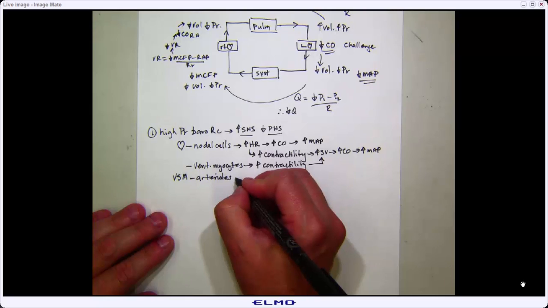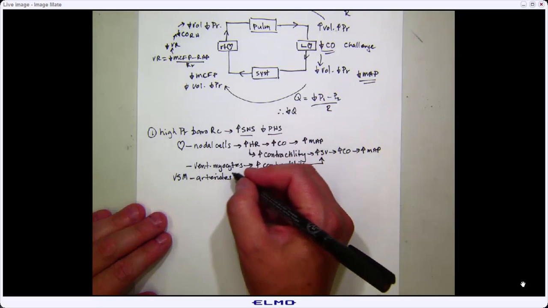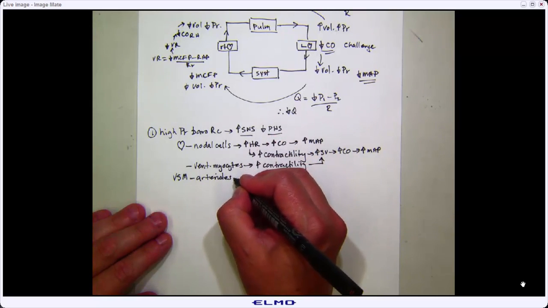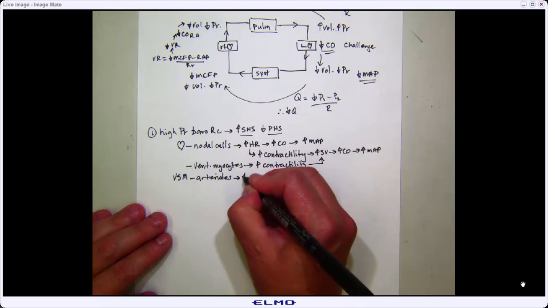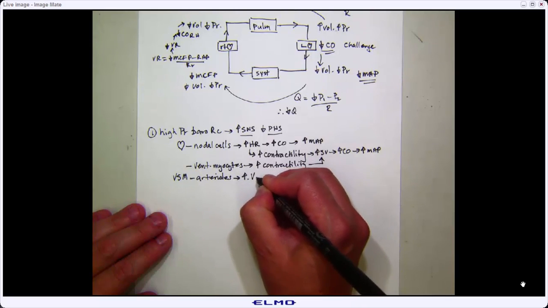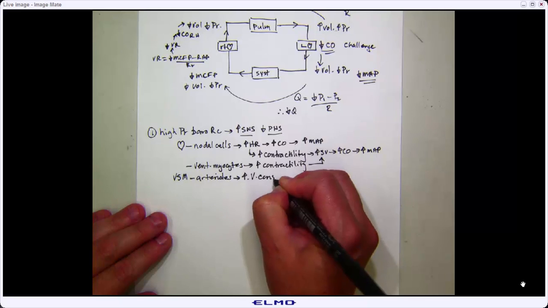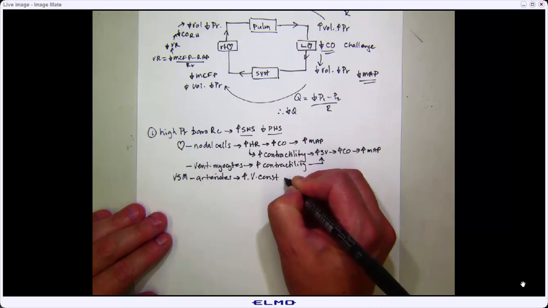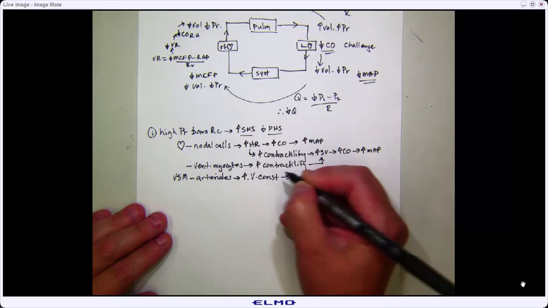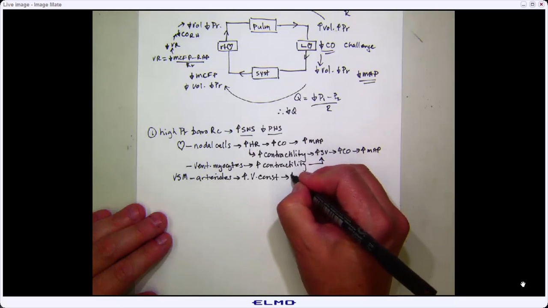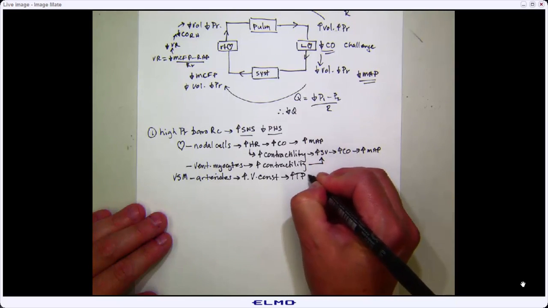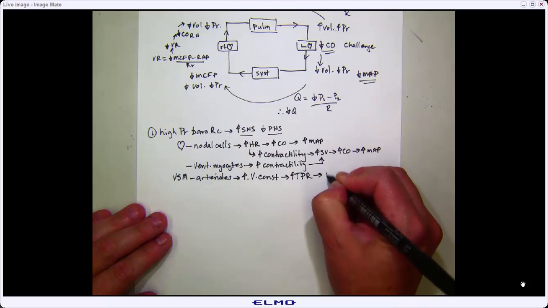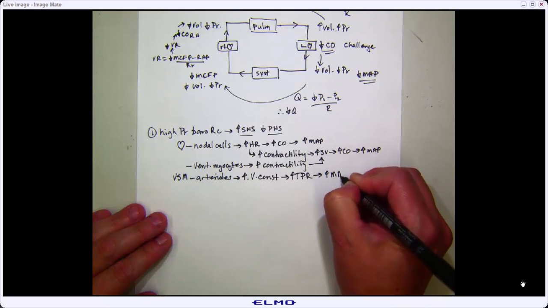Okay, so here an increase in SNS stimulation to arterioles will cause an increase in vasoconstriction. An increase in vasoconstriction of most of the vascular beds in the body is going to cause an increase in total peripheral resistance, which is going to cause an increase in mean arterial pressure.